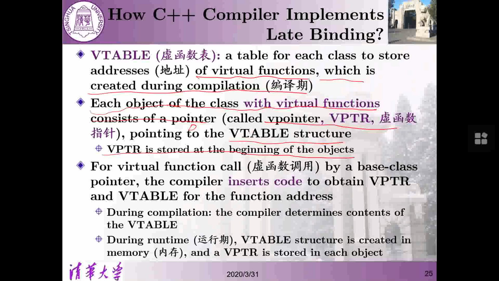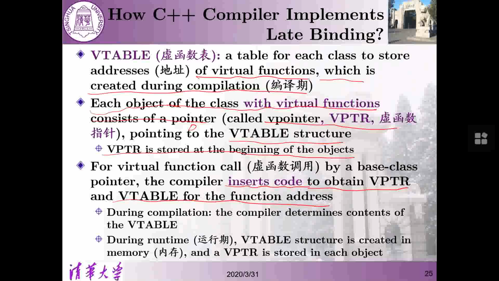So for virtual function call by the base class pointer, the compiler inserts code. During runtime, compiler inserts code to obtain the vptr and vtable for the function address. So the object will be constructed and the vptr will be inserted into the object.